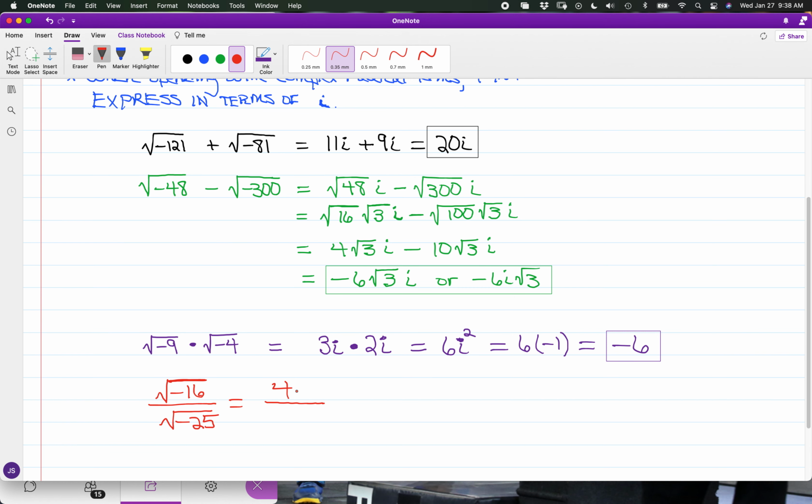The square root of negative 16 becomes 4i, and the square root of negative 25 becomes 5i. Again, you have i's to cancel, and that will reduce to 4/5.